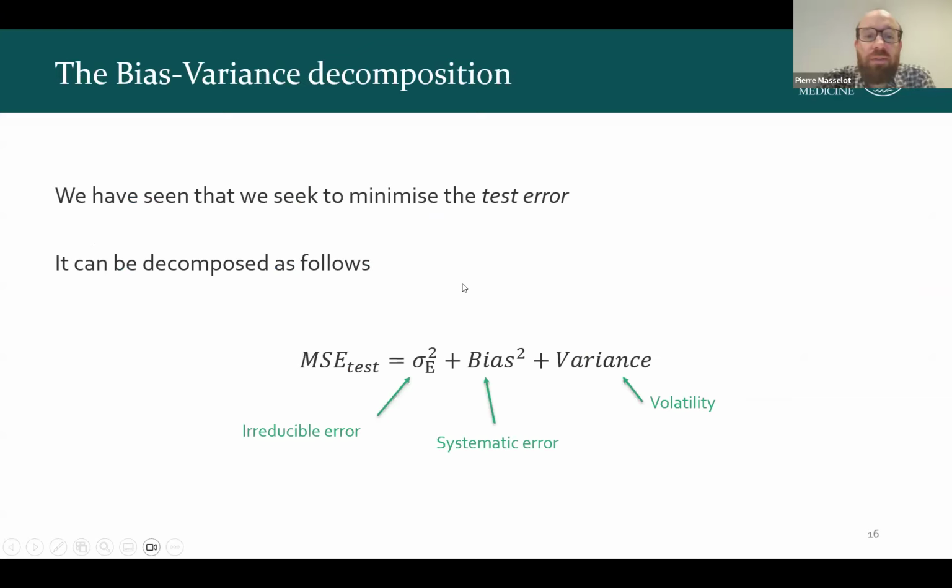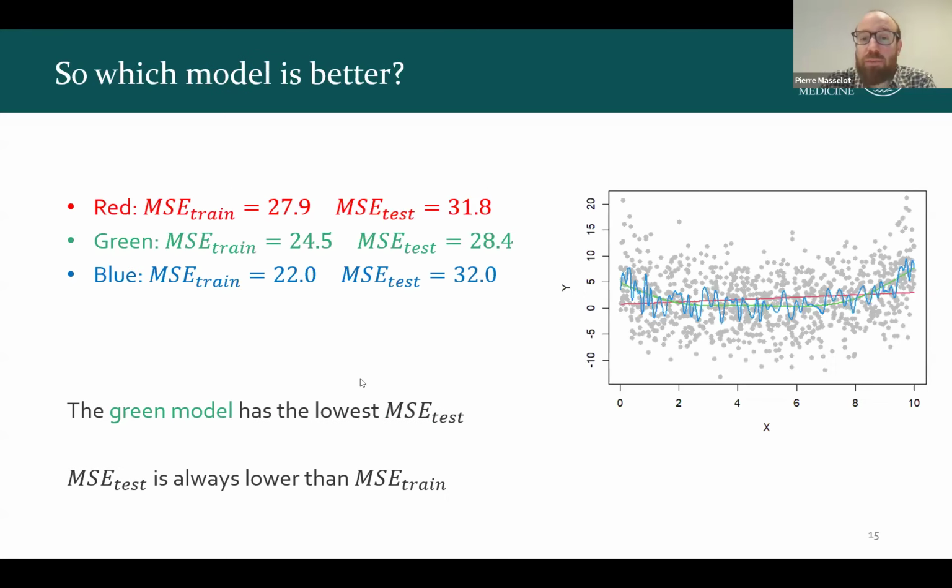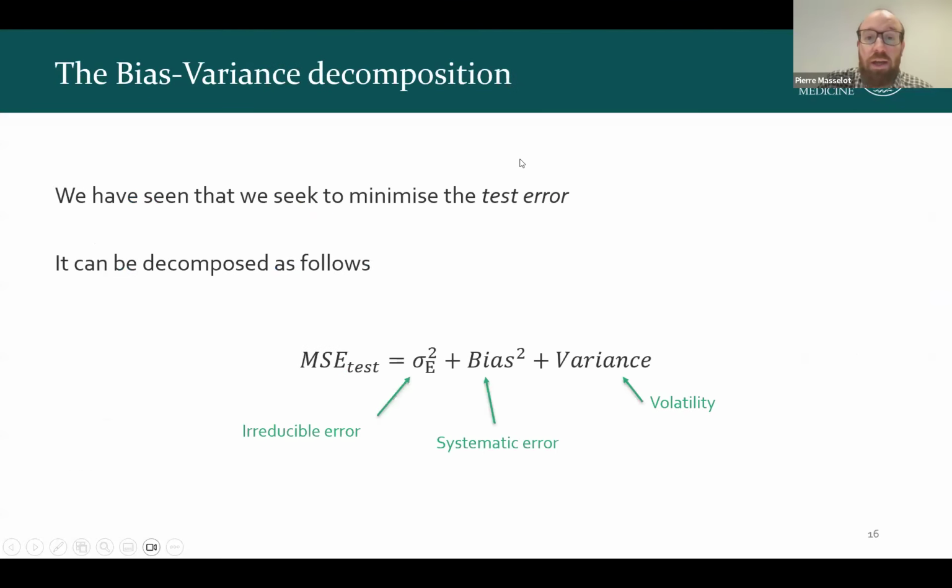So another element of choosing the best model. What happens here is that we have found that actually the best model is the green one here, which is not necessarily the model that fits the most closely to our data. So what happens exactly is that this test error can be separated into what we call the bias-variance decomposition.